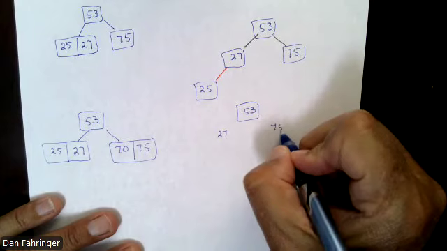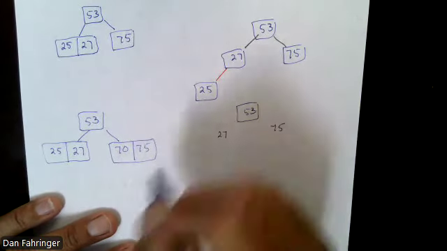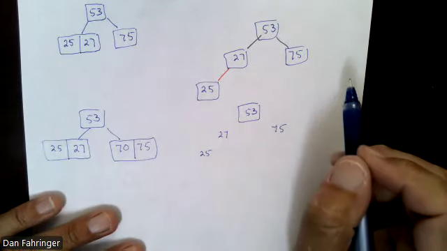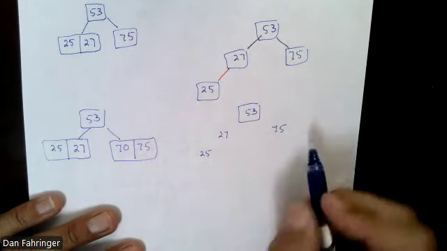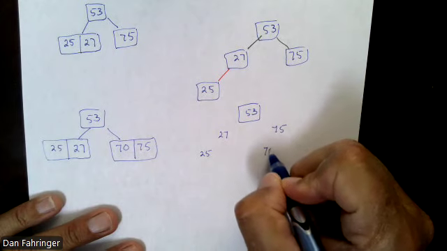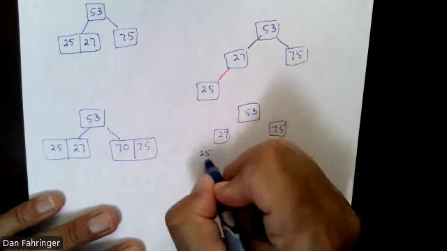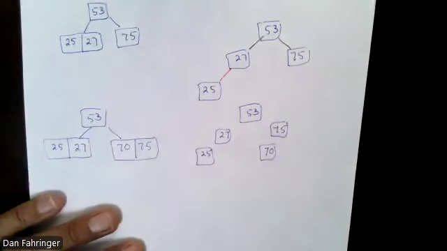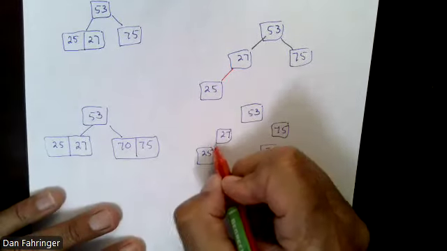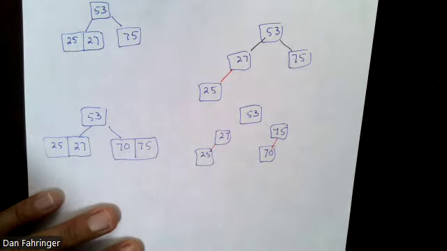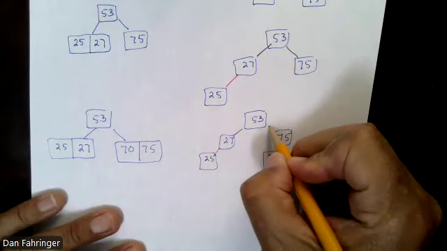We had 75 here. Here's 25. Okay. We just added 70. So 70 should be the left of 75. 25 and 27 are siblings. 70 and 75. And then, of course, we have black and black.